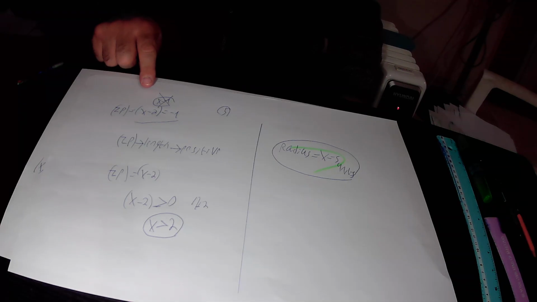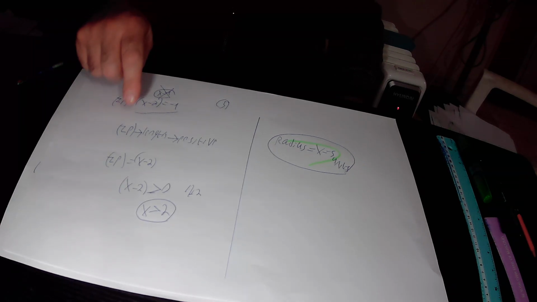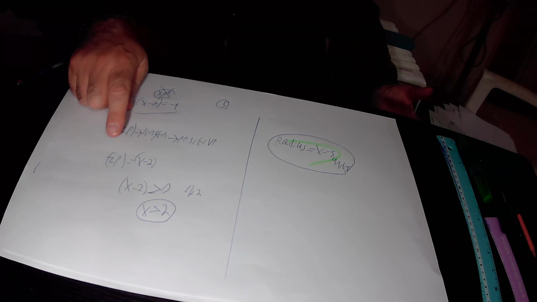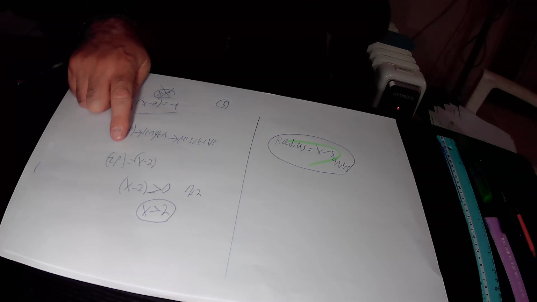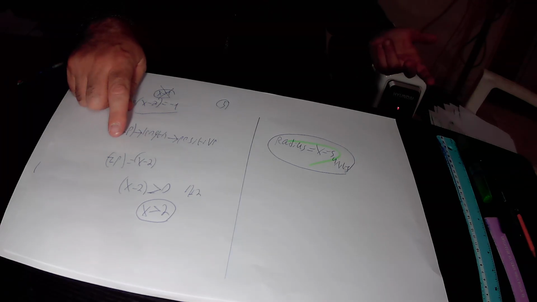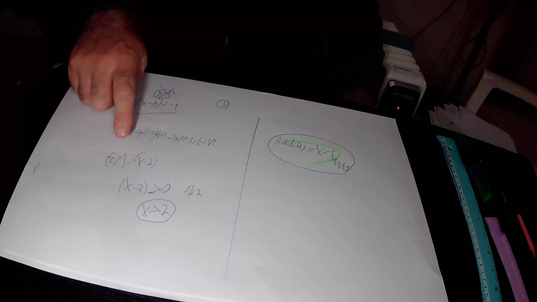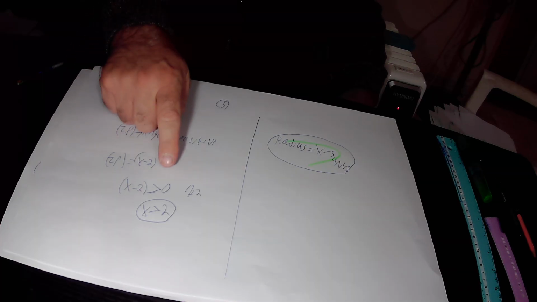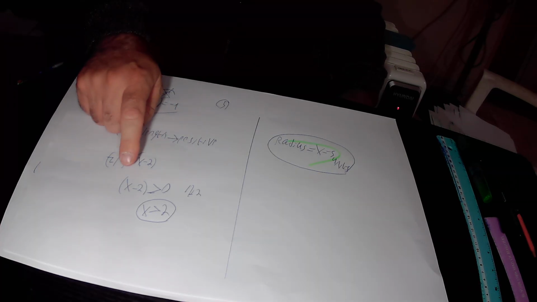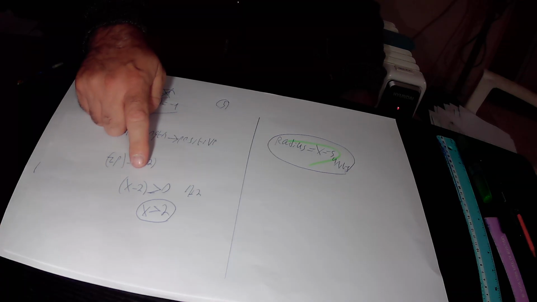Another reason that x can never be equal to 1, again, because ZP equals x minus 2, is that ZP is a length. ZP is a length, so it must be a positive number. What is a positive number? That is to say it must be greater than 0. Again, ZP equals x minus 2 must be greater than 0.